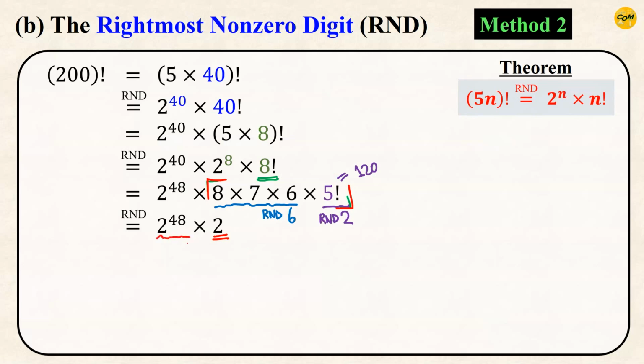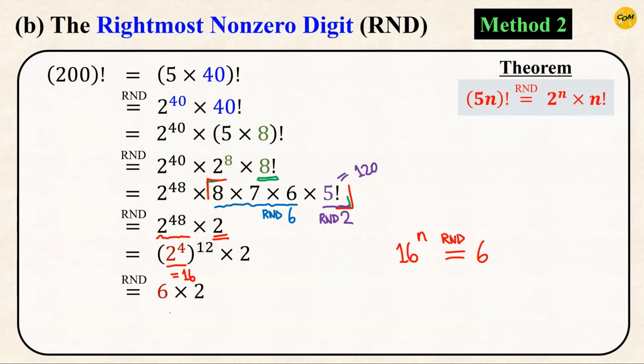And for this 2 to the power of 48, we can use the cycle of 2 to the power of 4, which is 16, which always ends in 6 in every exponentiation. So we have equal R&D to 6 times 2, which has equal R&D to 2, which is the rightmost non-zero digit of 200 factorial.